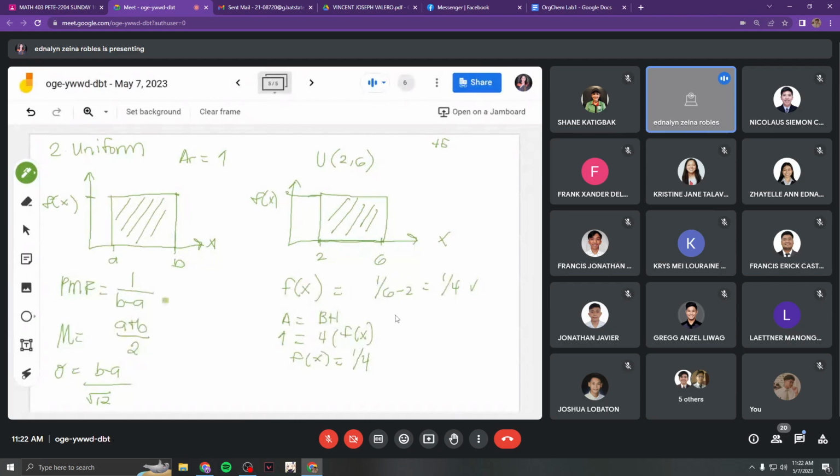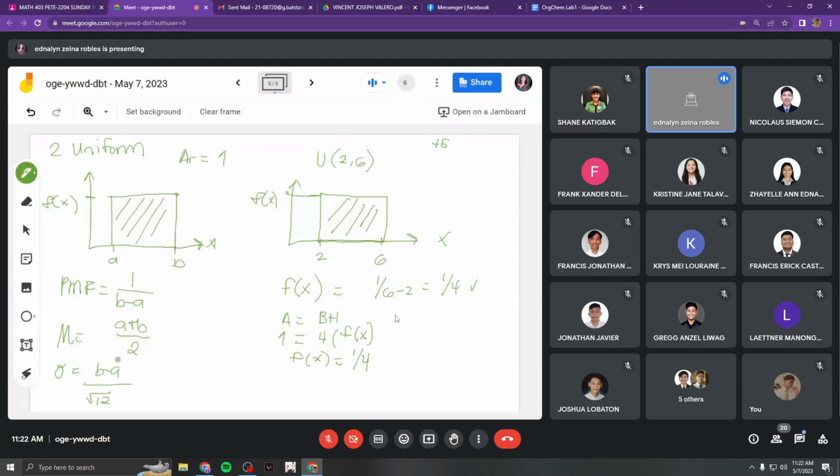So let me repeat. If you want to use formulas to get the PMF, mean, and standard deviation, when we are dealing with the uniform continuous probability, PMF is equals to 1 over b minus a, mean is the average, and standard deviation is b minus a all over square root of 12.